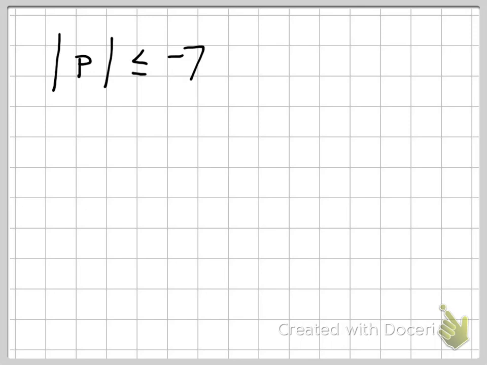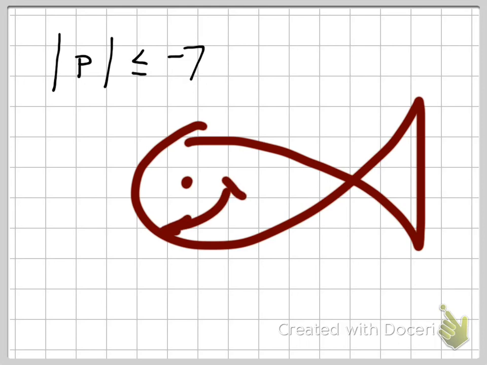So there are none of them that are smaller than negative 7. So this problem reeks of seafood. No solution. You cannot put a number in there for p, take the absolute value of it, and get an answer smaller than negative 7.